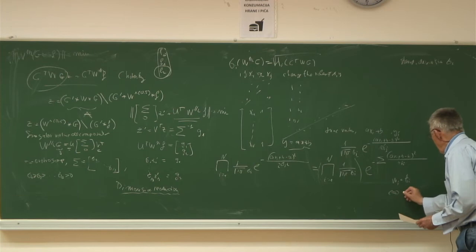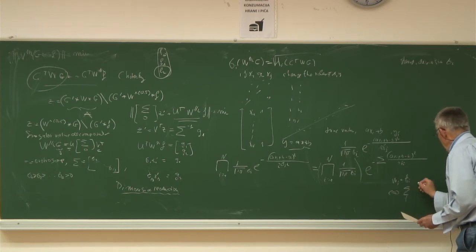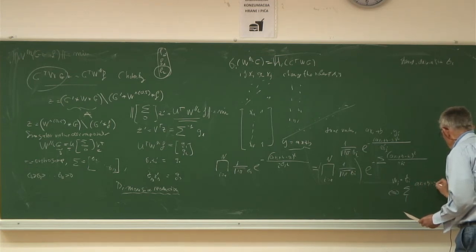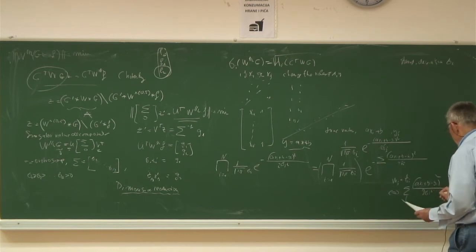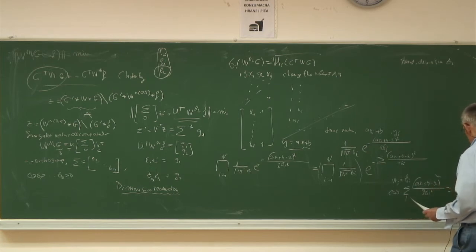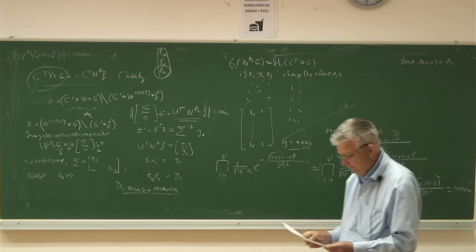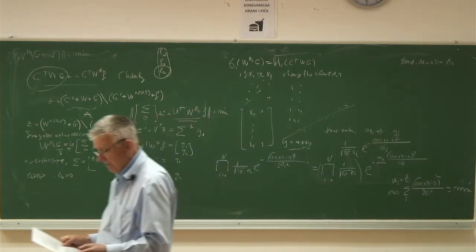This leads to the sum over i of (a x_i plus b minus y_i) squared over 2 sigma_i squared equal to a minimum. So that's easy.